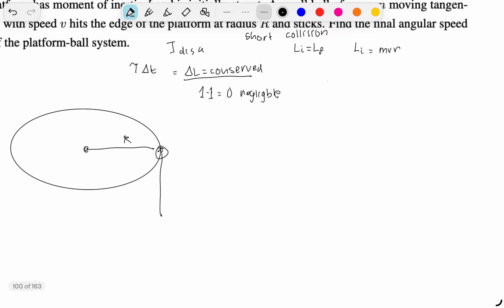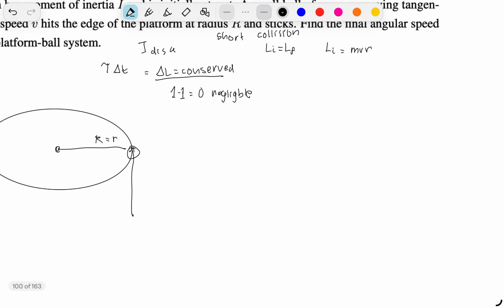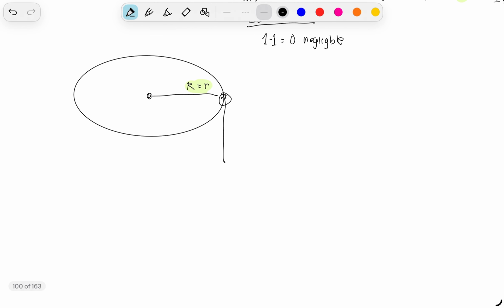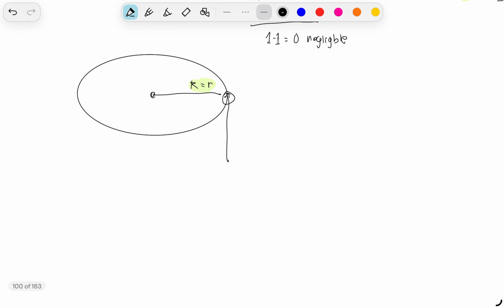So we can set these equal to each other. We have our radius of our circle, which is our r in this case. Then we can also see that we have our total inertia. When the ball hits onto the edge of this disk, the disk already has its own inertia, and then the object has its inertia.